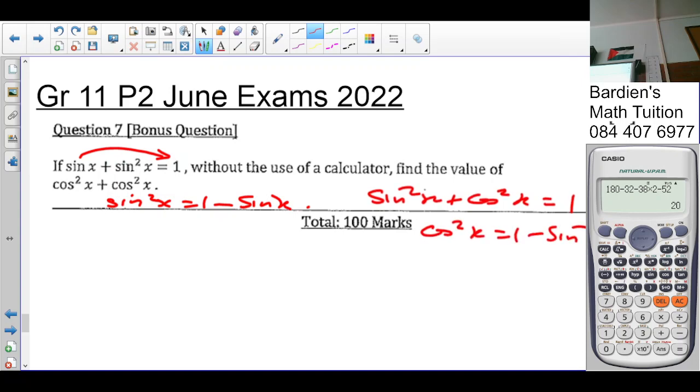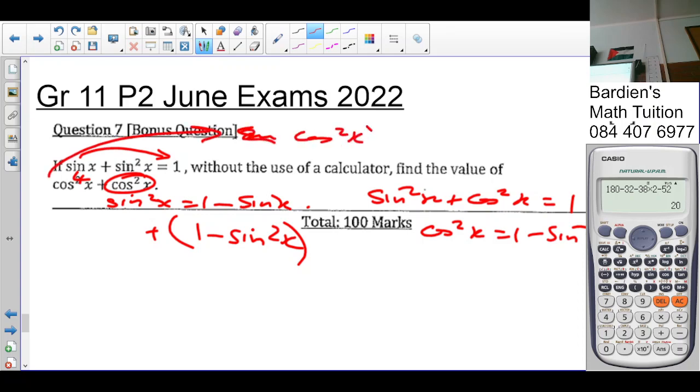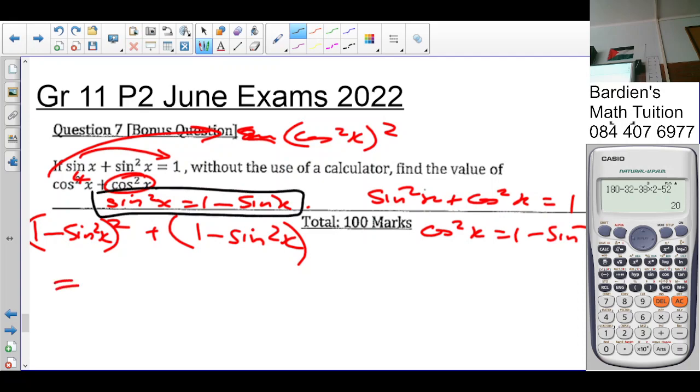Now, I think there was supposed to have been a 4. So cos squared x squared is the same as cos 4x. So that would be 1 minus sine squared x, squared. But we know that sine squared x is the same as 1 minus sine x.